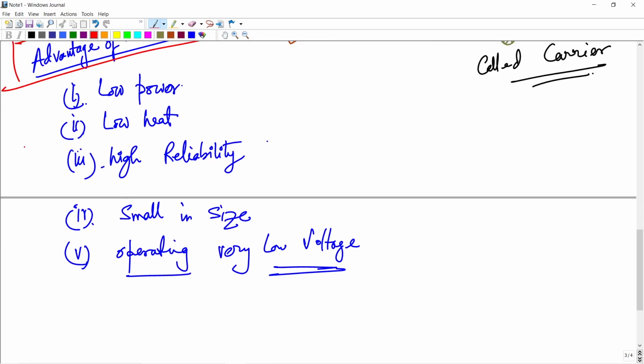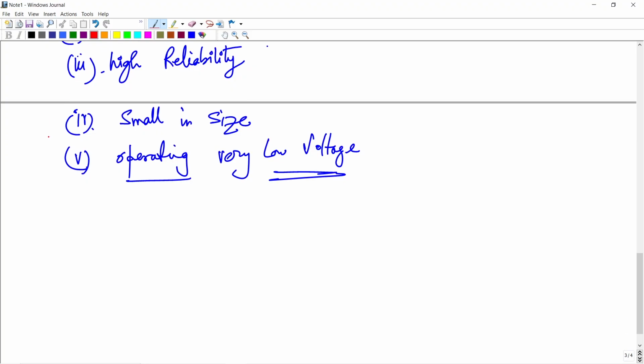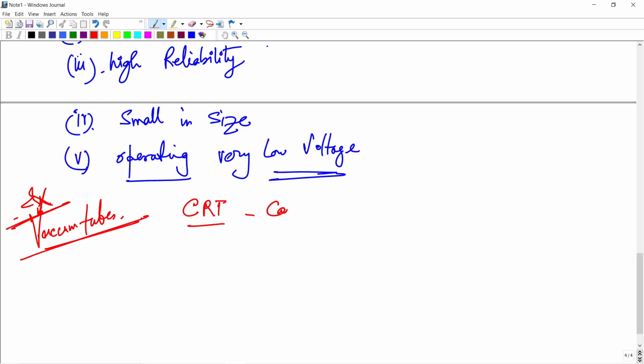So here, let's take some examples of vacuum tubes. Actually, we use, suppose, a CRT, cathode ray tube. The cathode ray tube is the most important example of vacuum tubes, because electrons are released from the cathode and move towards a photosensitive plate.